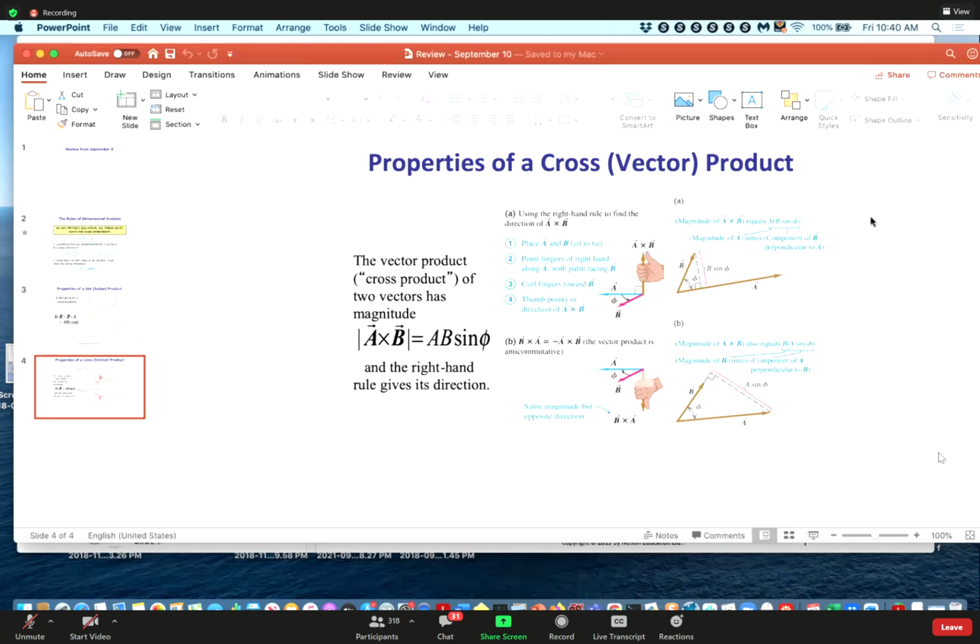B cross A will also give a vector that's perpendicular to both of them, but points in the opposite direction. The angle phi is always going to be the angle between just the two vectors A and B. Gotcha, thank you. You're welcome.